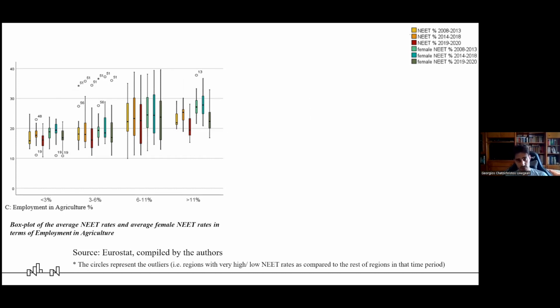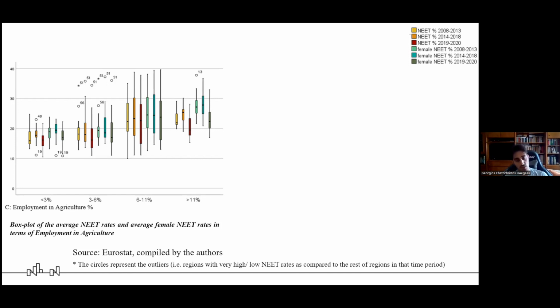Another parameter is the employment in agriculture. We notice that this is a very significant parameter for the concentration of needs. Again, the higher the volume of employment in agriculture, the higher the concentration of needs in those regions. Relevant literature highlights that regions that have strong agricultural sectors are less resilient, because agriculture in general is a less resilient economic field.